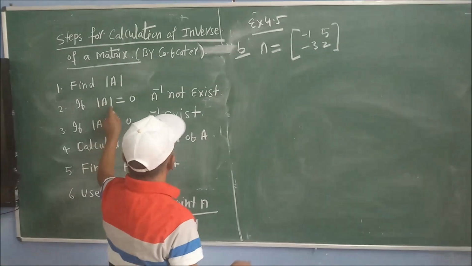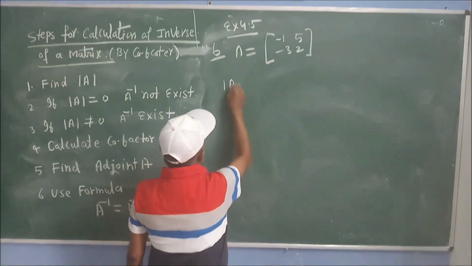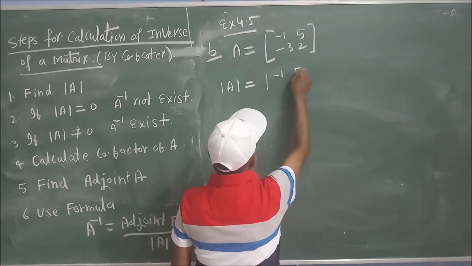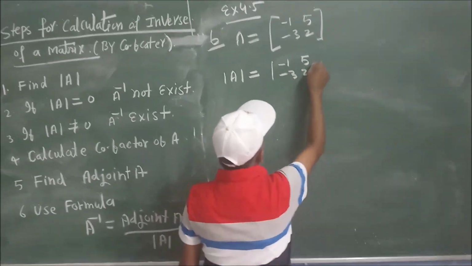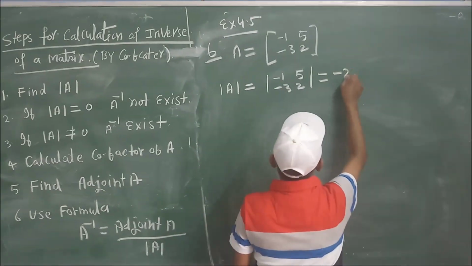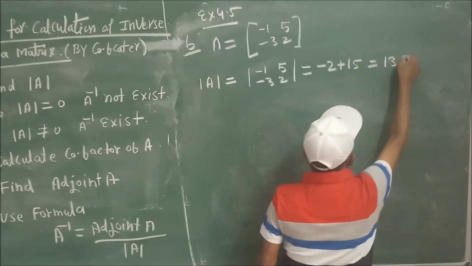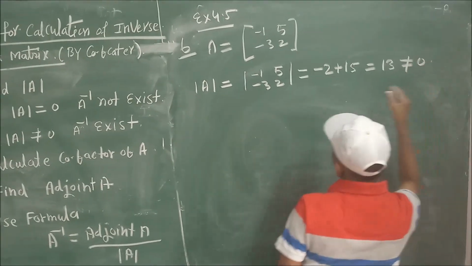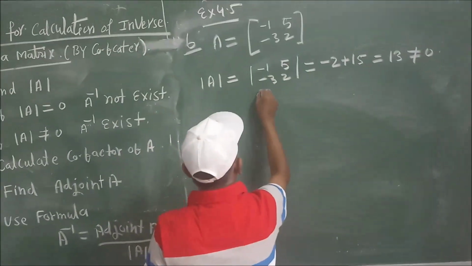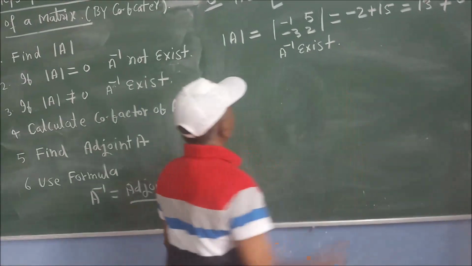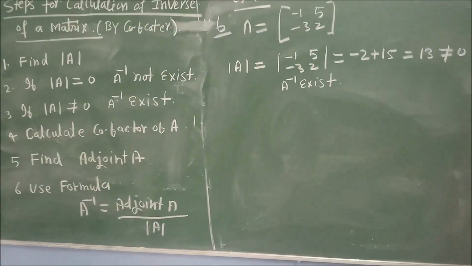So first we have to find determinant of A. Determinant of A is equal to the determinant of -1, 5, -3, 2. So this will be -2 plus 15 is equal to 13, not equal to 0. That means A inverse exists, and we can calculate A inverse.